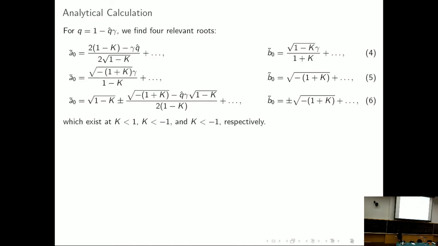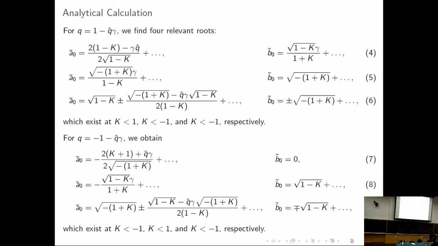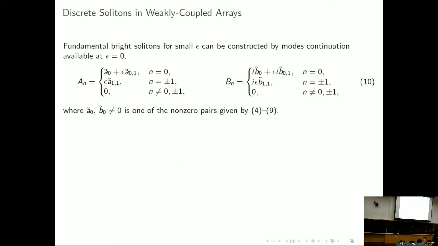So Q equals 1 minus Q hat gamma. You get 4 different A0 and B0, and for the other one, Q equals minus 1 minus Q hat gamma, you also get 4. So now there are many different solutions actually. Now that's for the case when epsilon equals 0.